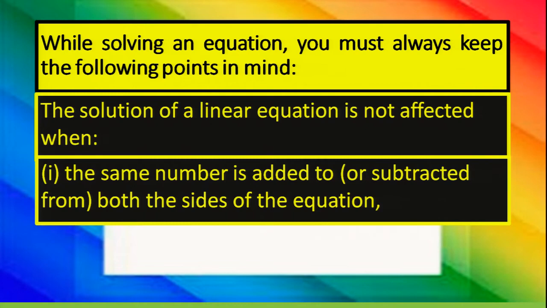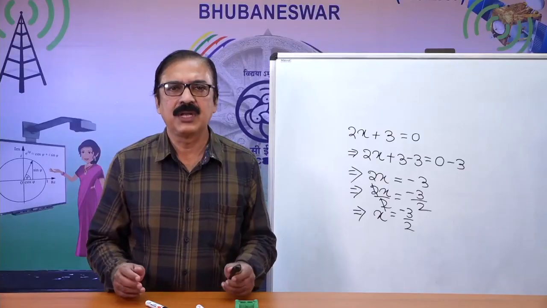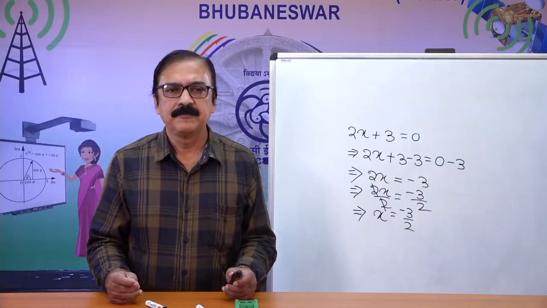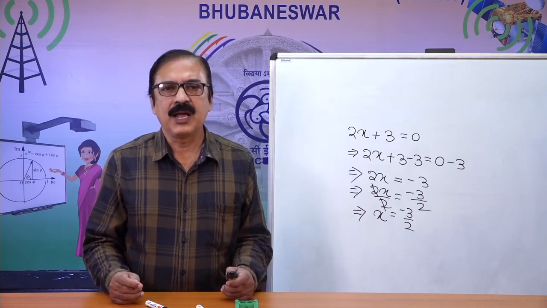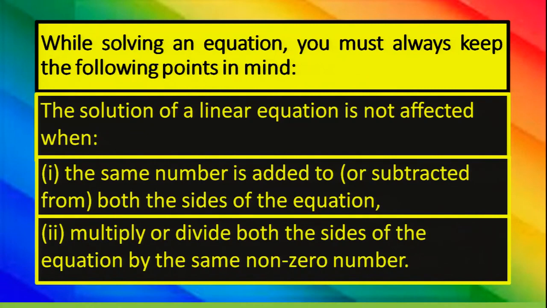If we subtract some number, it will remain the same, as we noticed in this solution as we performed here. Again, we can also say that the solution will not be affected if any number is multiplied or divided on both sides of the equation by the same non-zero number.